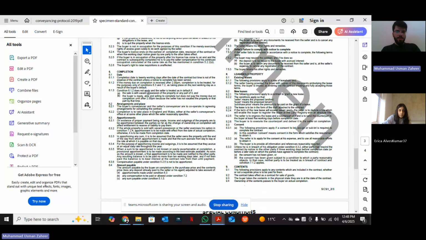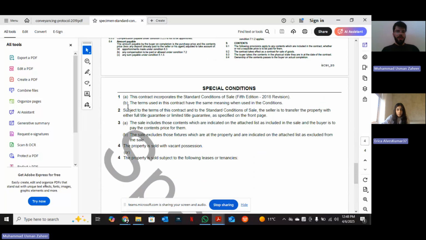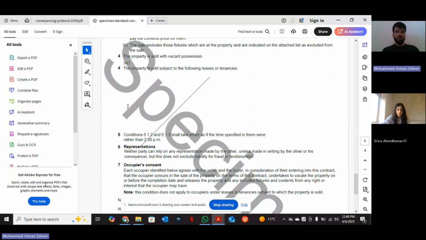Condition 6.1 does not apply when the seller is treated as in default if the sale is with vacant possession of the property or of any other part. The buyer is ready, able, and willing to complete, but does not pay the money due on completion until after 2 p.m. because the seller has not vacated the property or that part by that time. Now, usually, 6.1.2 as far as I've seen, and 6.1.3 as far as I've seen, is used where there's a chain of transactions.